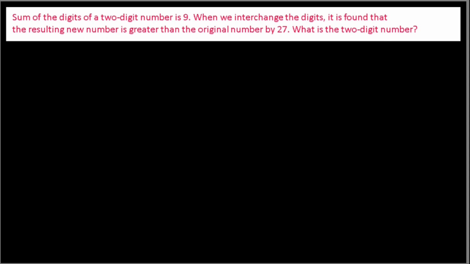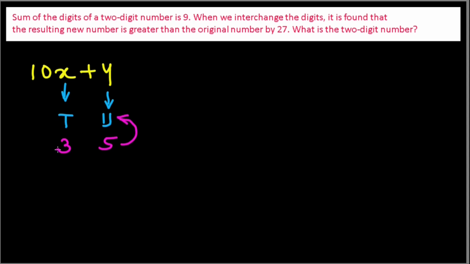Now, before we start solving this word problem, let us first understand how to represent a two-digit number in terms of the variables. Any two-digit number can be represented in the form 10x plus y, where y is the digit in the units place and x is the digit in the tens place. For example, in case of 35, 5 is the digit in the units place and 3 is the digit in the tens place.